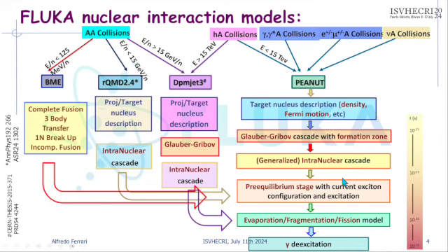All of that is done there. And then we have three other models dealing with nucleus-nucleus interaction: DPMJET-3 in the latest version by Anatoly, a quite evolved version of our QMD 2.4, and the Boltzmann master equation model at low energies. I think for today, I will mostly concentrate on this part.